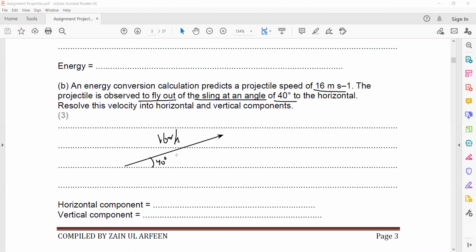The component which is with the angle is written with cos theta and the one against the angle is sine theta. So the horizontal component will be 16 cos 40 and the vertical component will be 16 sin 40. So, 16 cos 40 is the horizontal component. What is the value of 16 cos 40?